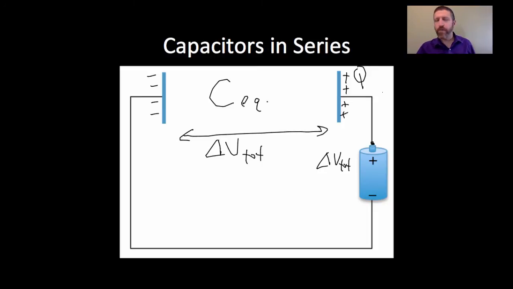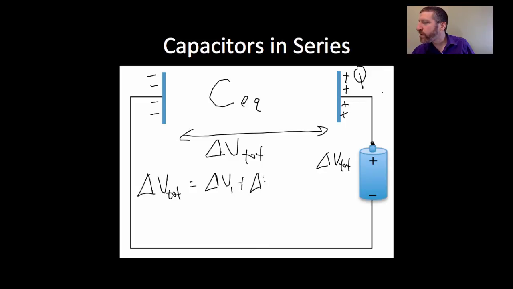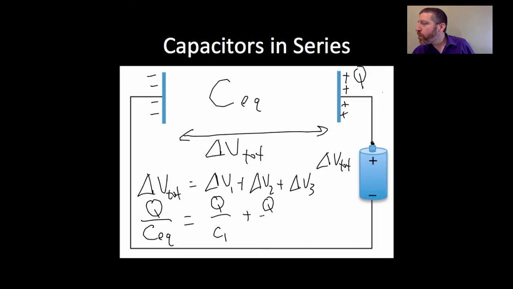So here's what this gives us. I'll write this again to remind us: delta V total equals delta V1, not shown here, plus delta V2 plus delta V3. We don't see the individual caps, but this could be expressed as Q over C equivalent. And this will equal Q over C1 plus Q over C2 plus Q over C3. And notice the Q's are the same for each.